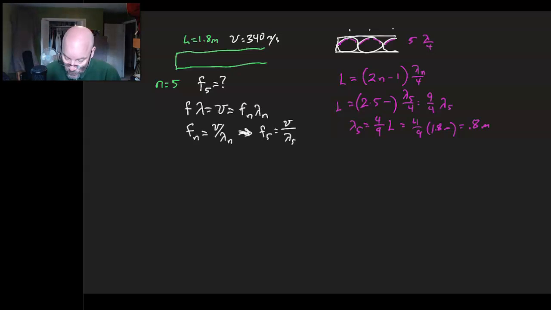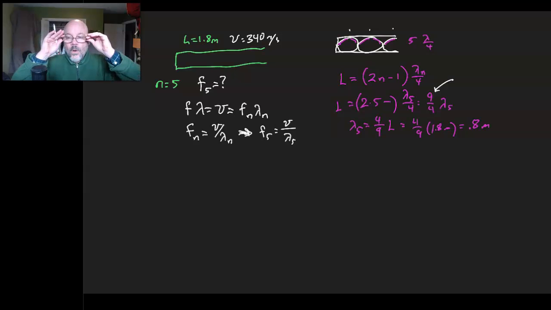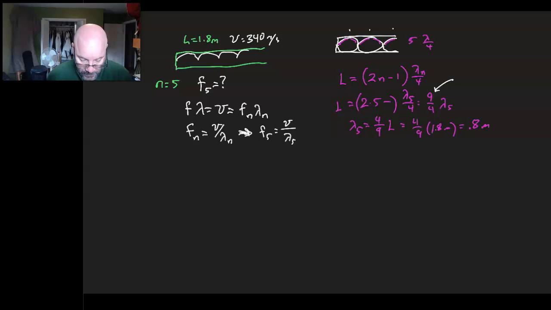Now, in our situation here with n equal 5, we need 9 quarter wavelengths. How do we do that? First we subtract 1, so we go from 9 to 8. 8 quarters is 4 halves. Let's draw that in there: 1, 2, 3, 4, and there's my dangling quarter.